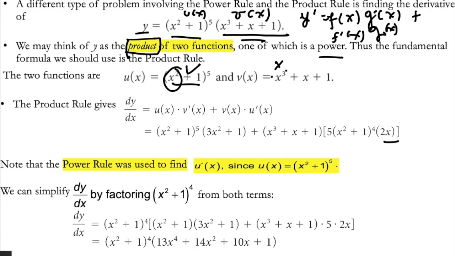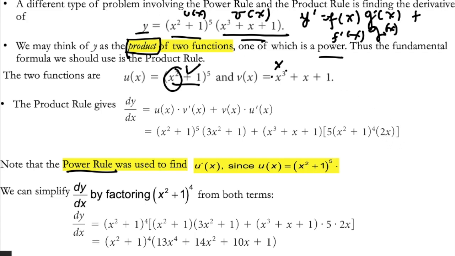As you can see here, this power rule is used here. Okay, is used here. Power rule for chain.